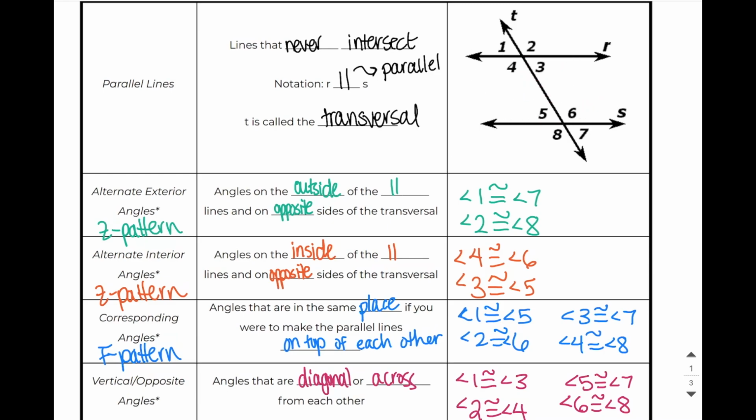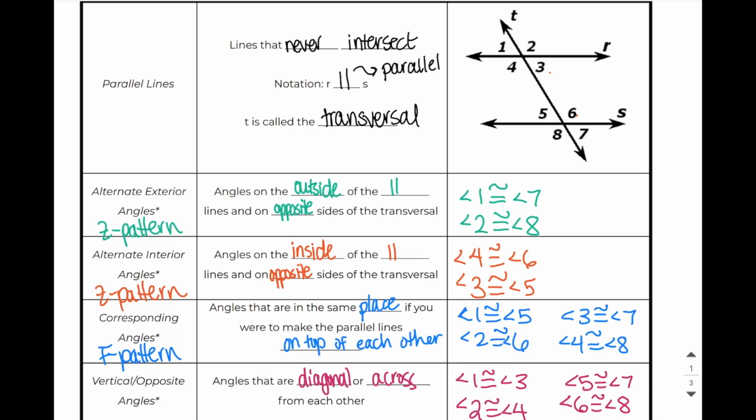They have to be on the same side of the transversal. So for example, angle 3 and angle 6 are on the same side of the transversal. Now, they will never be congruent to each other. Angle 3 can never be equal to angle 6 unless they're both 90-degree angles, okay? But they do add up to 180. So here we would say the measure of angle 3 plus the measure of angle 6 is 180.